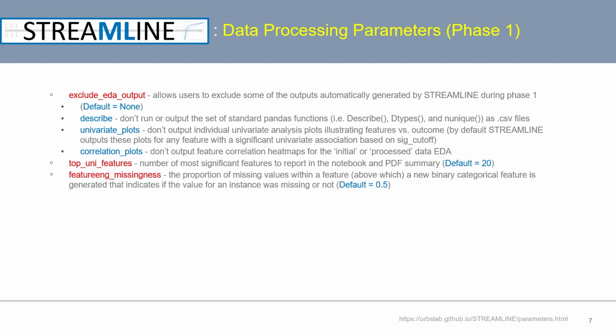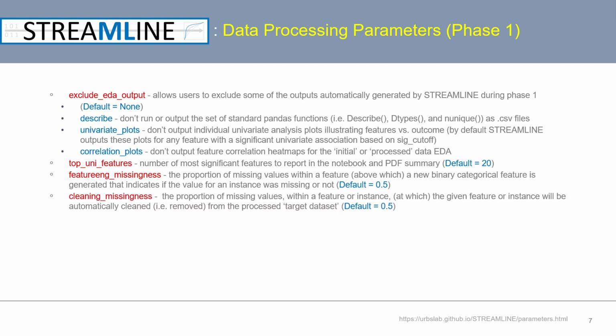Feature eng missingness defines the proportion of missing values within a feature above which a new binary categorical feature is generated that indicates if the value of an instance was missing or not. Its default is 0.5. Cleaning missingness defines the proportion of missing values within a given feature or instance at which the given feature or instance will be automatically cleaned from the processed target dataset.